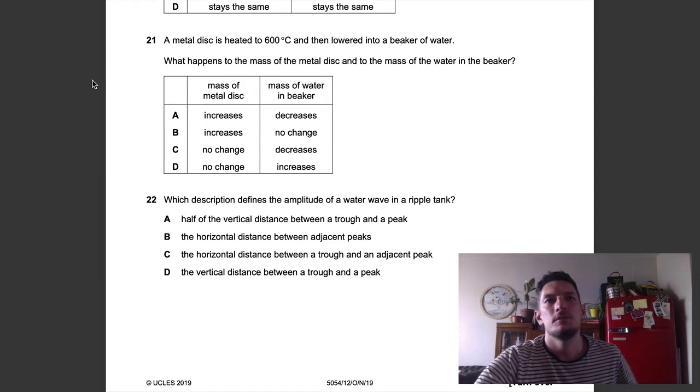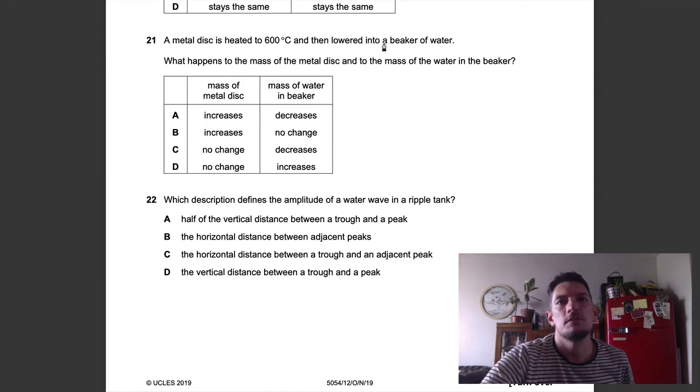Okay, a metal disc gets heated up to 600 degrees and then it gets lowered into a beaker of water. What happens to the mass of the metal disc? The mass of the water? Well, it might depend on what happens to the objects, but I don't think the mass of the metal disc is going to change at all unless it reacts with the water.